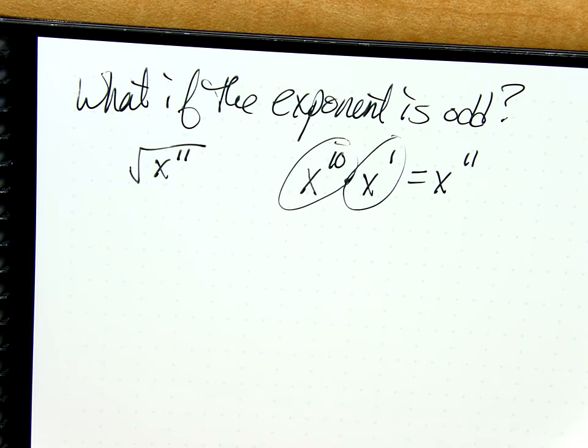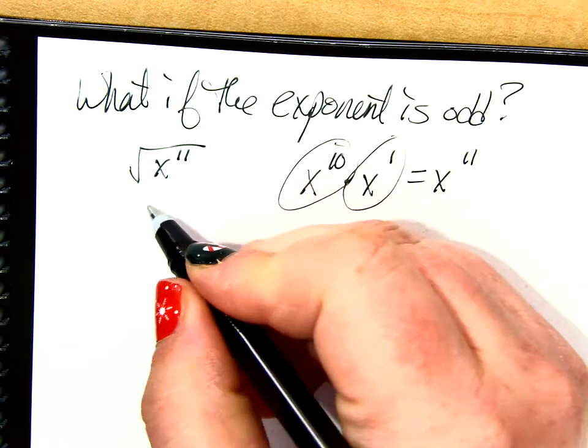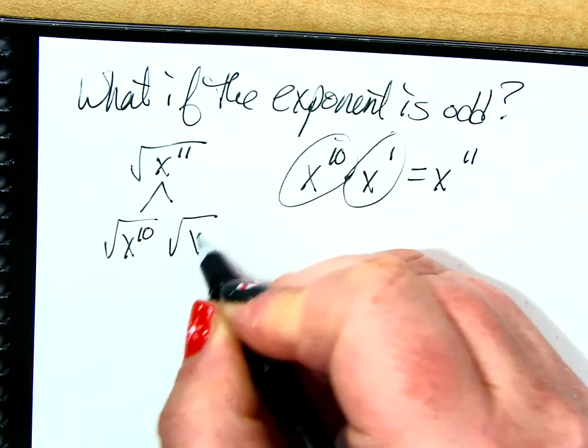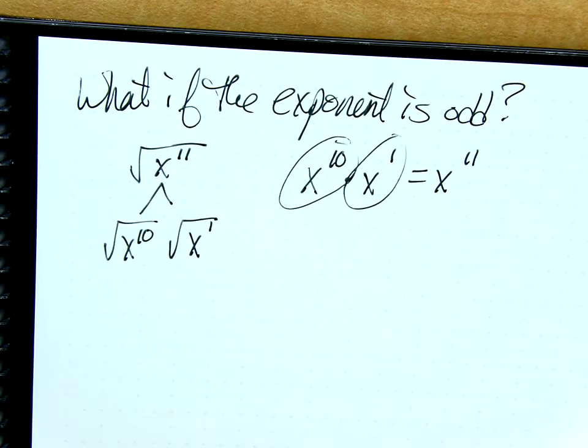You could do that, but then you'd have to break up x to the 5th. You know what I mean? So you always want to pick the largest perfect square that goes into a number. So in this case, it's just going to be x to the 10th and x to the 1st. So for square roots, it's always just one less than whatever your odd exponent is. It will always be your biggest one.